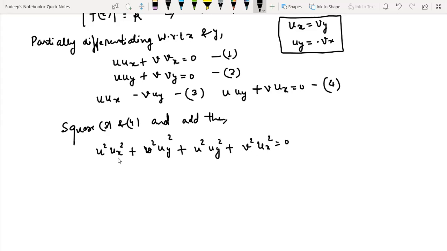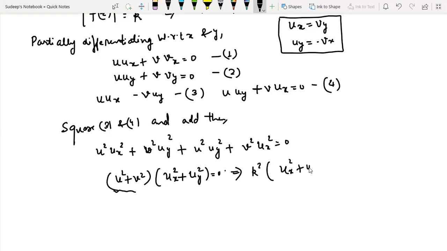If I take ux square and uy square common, what I'll get is u square plus v square into ux square plus uy square is equal to 0. And I already know that u square plus v square is k square, which implies that k square into ux square plus uy square must be equal to 0.